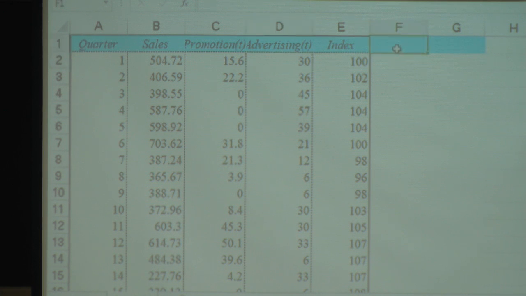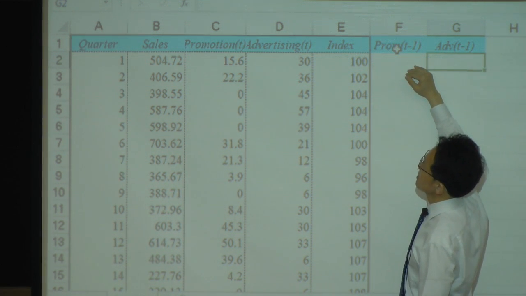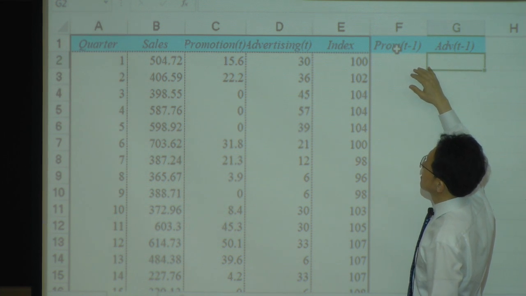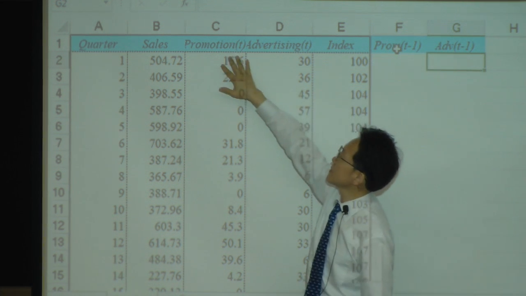And now I have promotion T minus 1, in other words, previous period promotion. And this advertising T minus 1. But we do not have these variables. How can I create these variables? We already have this one.